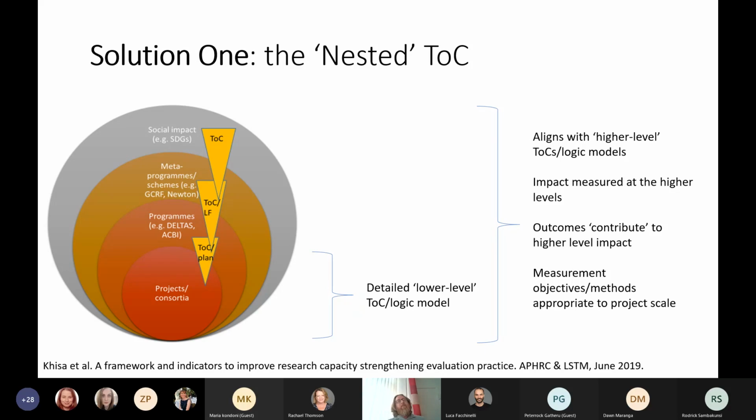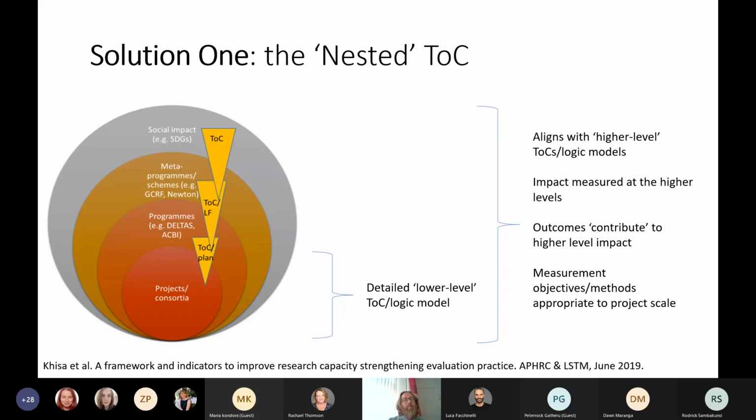The idea of a nested theory of change is that within your project or program theory of change, you're not articulating a detailed pathway from your inputs and activities right through to those high level impacts. Rather, you're taking somewhat more of a modest view.